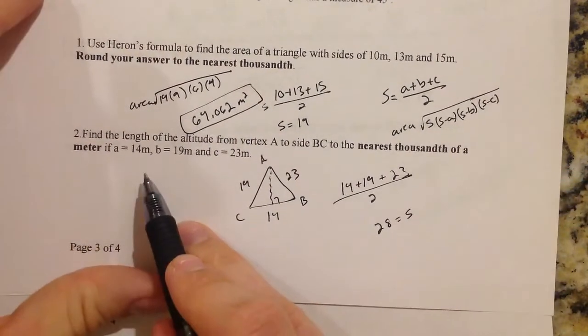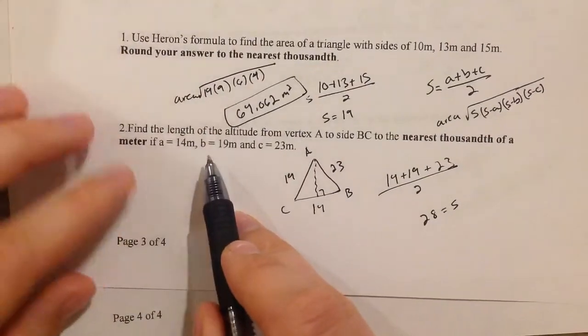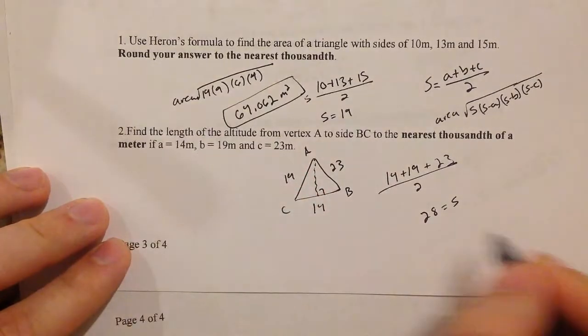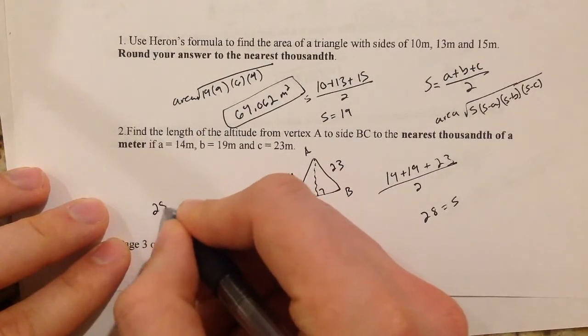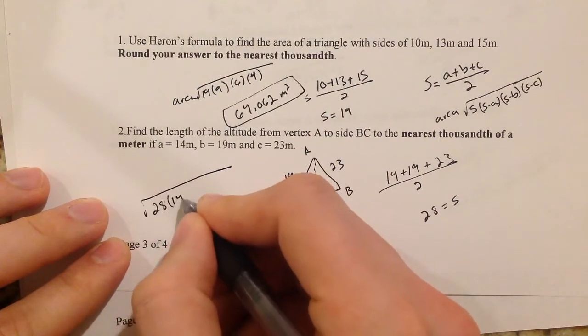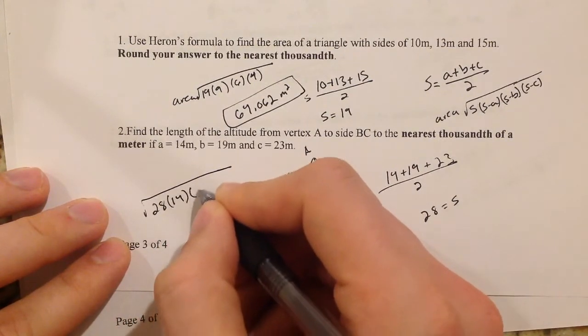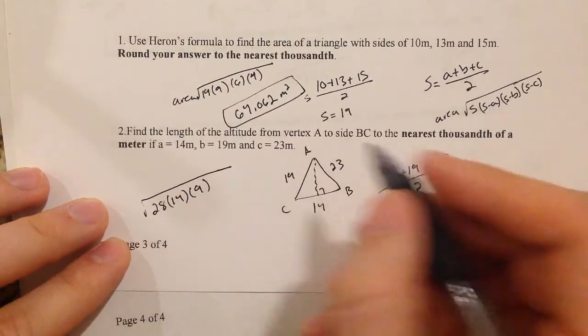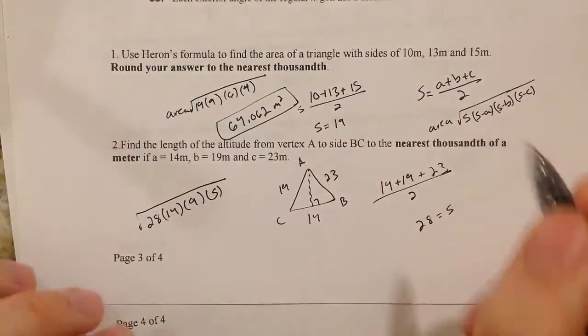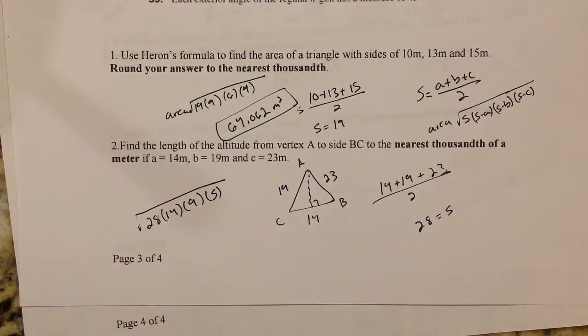And then we need to execute this formula. Now the problem here is when you finish, you're not actually done with the problem. When you execute Heron's formula, you're not actually done with the problem. So I've got S minus 14, S minus 19, and then S minus 23. Alright, I'm going to execute this formula.